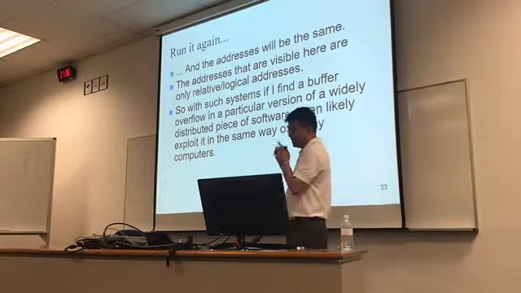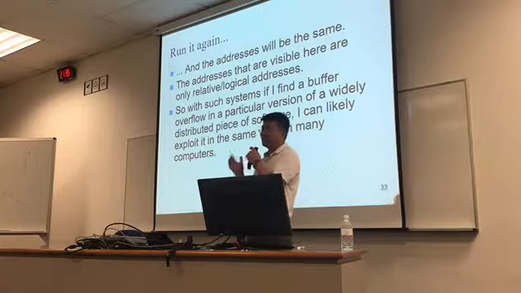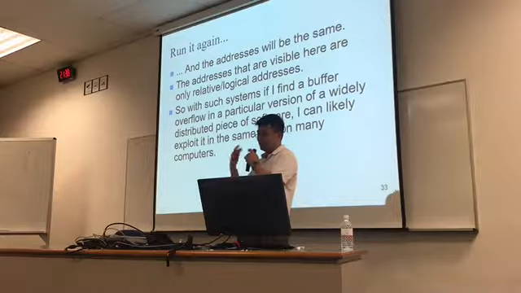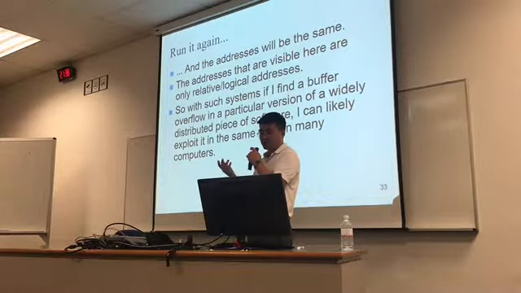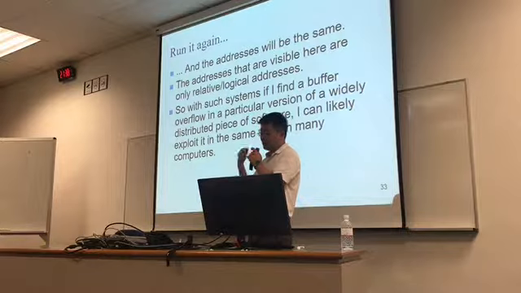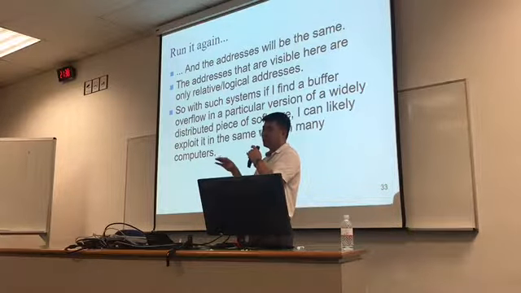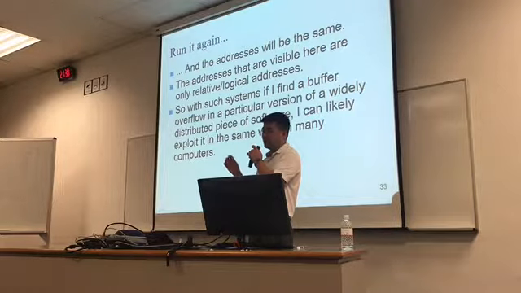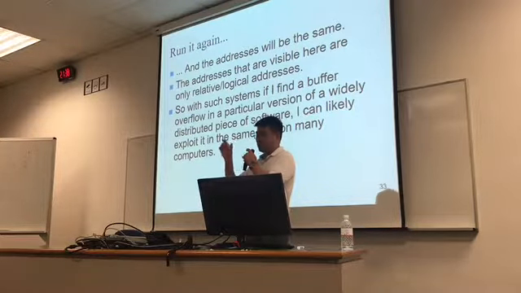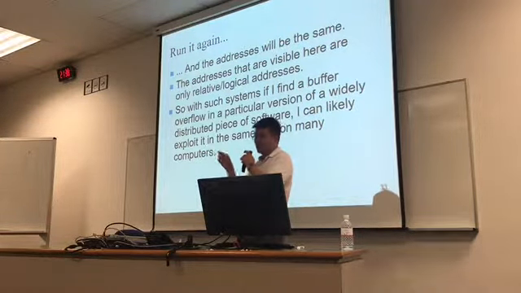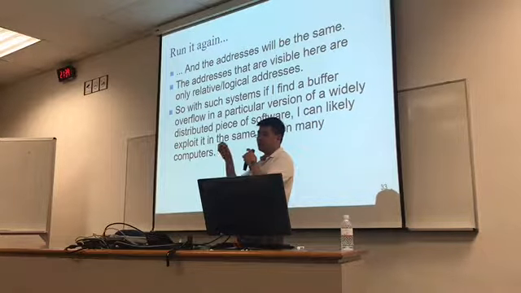Because the address in the program is the so-called logical address, not the physical address. If you studied operating systems before, you know that in the PCB, the process control block, you have the starting position of the physical address. The real physical address for a particular buffer is the starting physical address plus the logical address. So the logical address is just the offset.